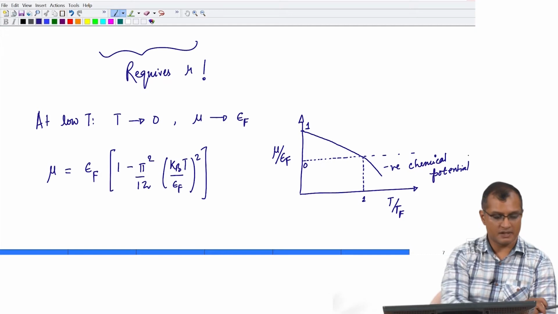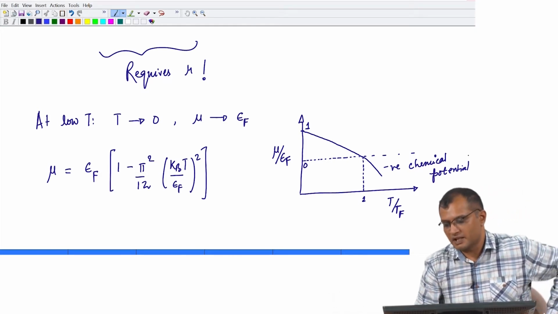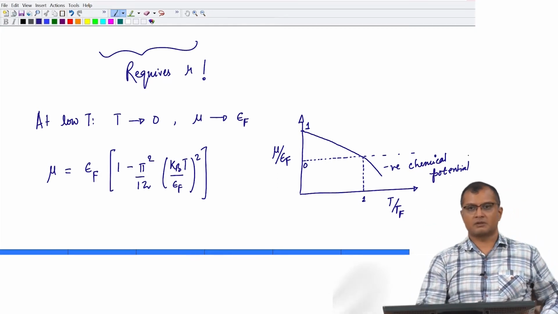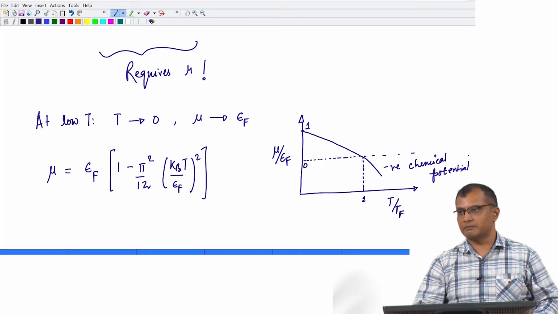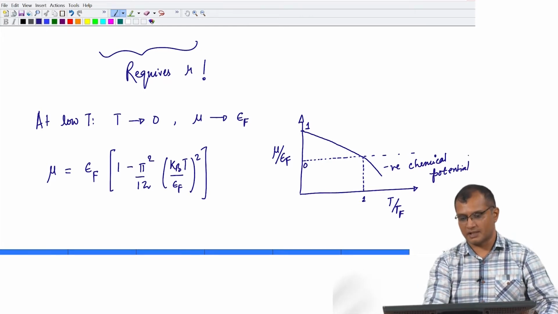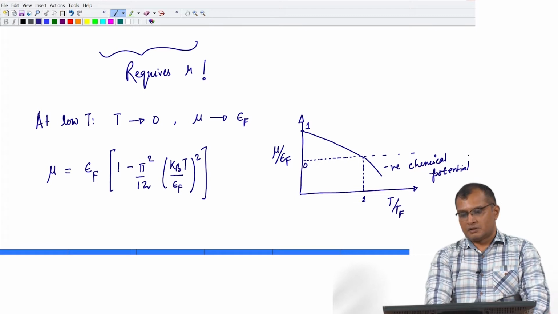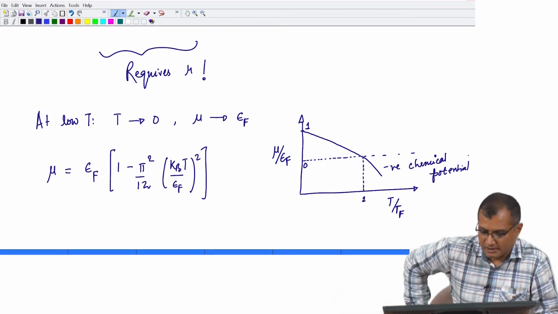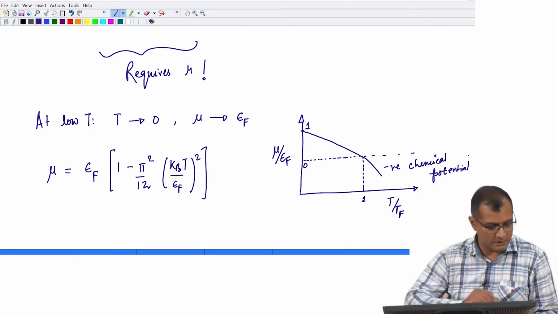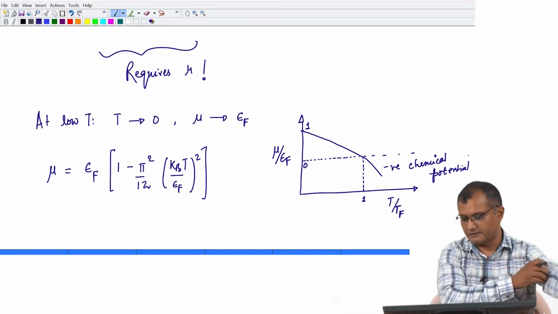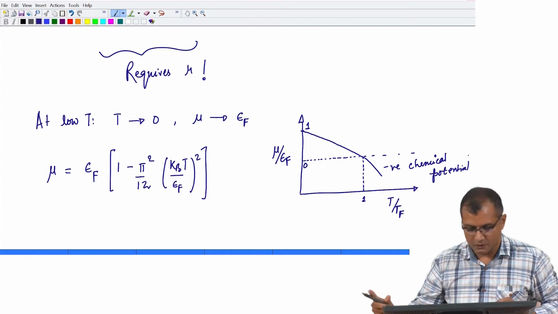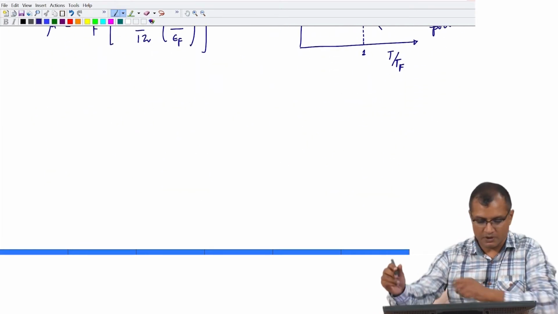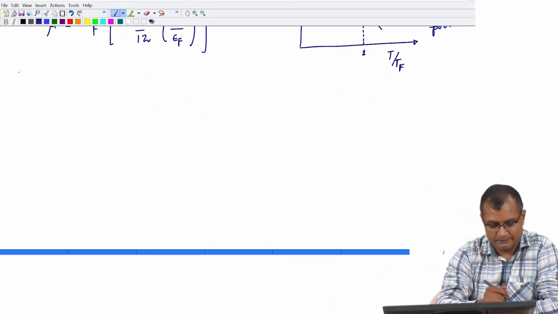But you already know that this is a temperature which is very high, only at temperatures comparable to Fermi temperatures your chemical potential turns negative. So, you need to really climb up in temperatures that much for the chemical potential to turn negative. Another quantity that we can quickly compute is the total energy.